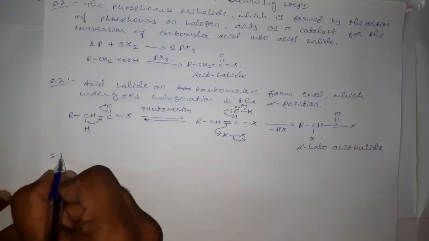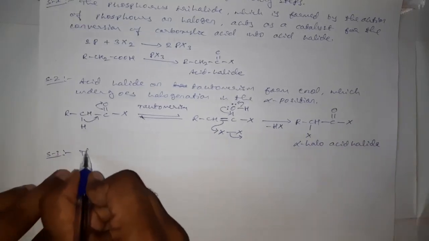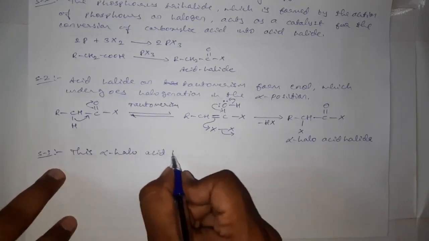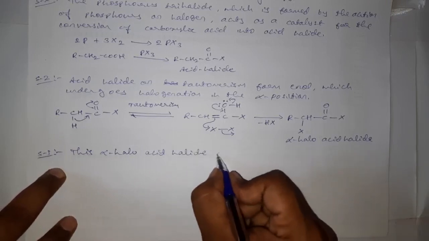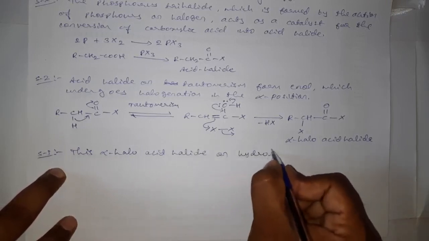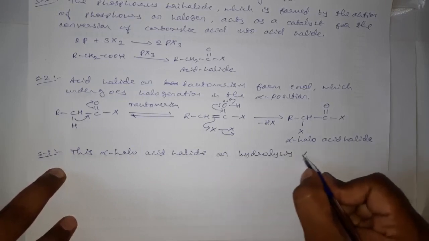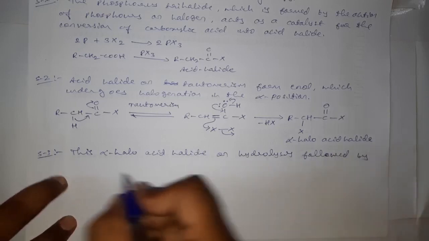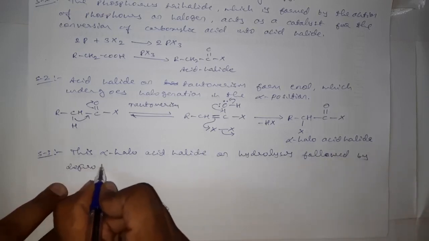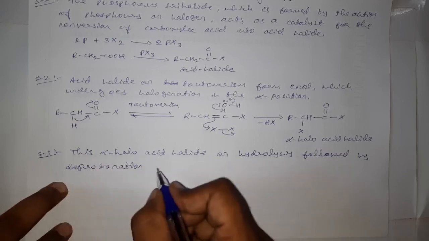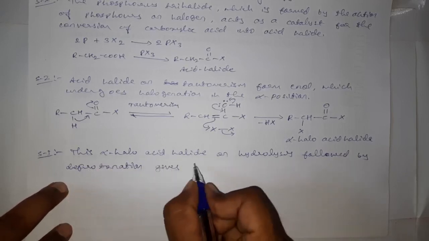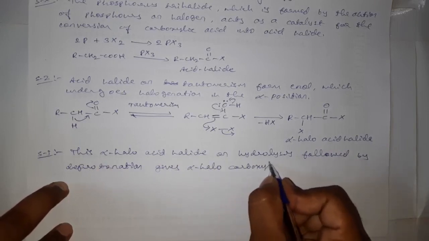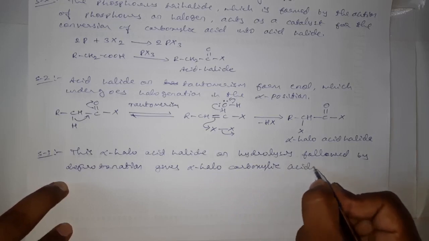Then the last step, third step, is what? This alpha halo acid halide on hydrolysis followed by deprotonation gives alpha halo carboxylic acid.